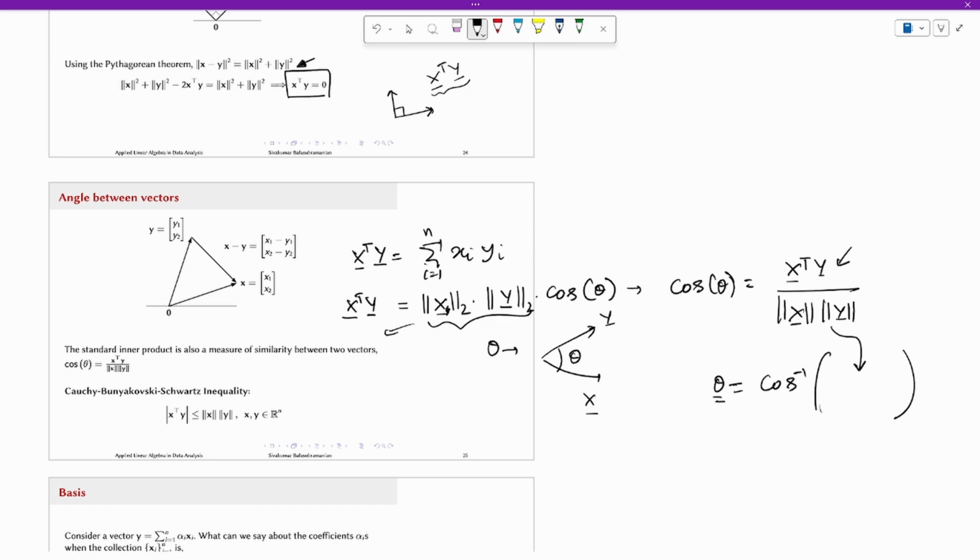Now, if this is another expression for the inner product, this also means another important fact, which is often very useful. If you take the modulus on this side and the modulus on the other side, the lengths of x and y can be anything.